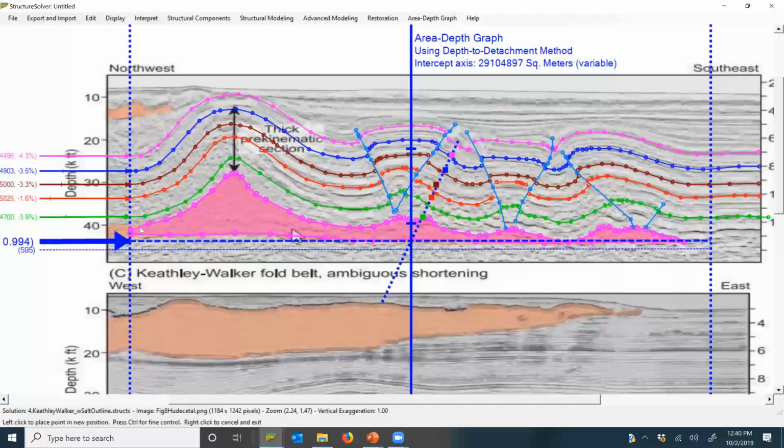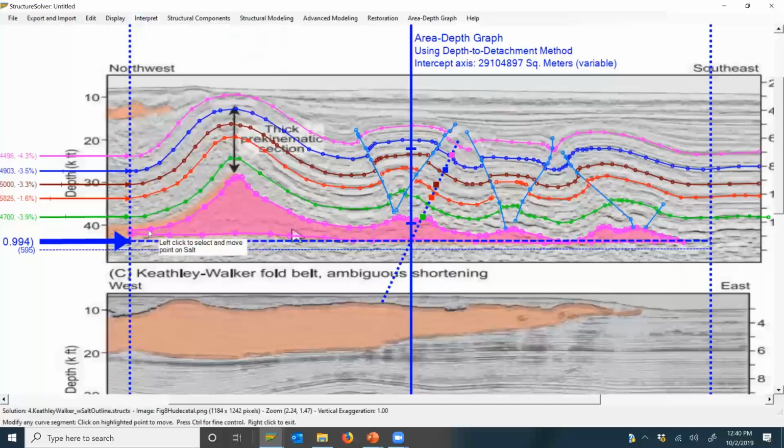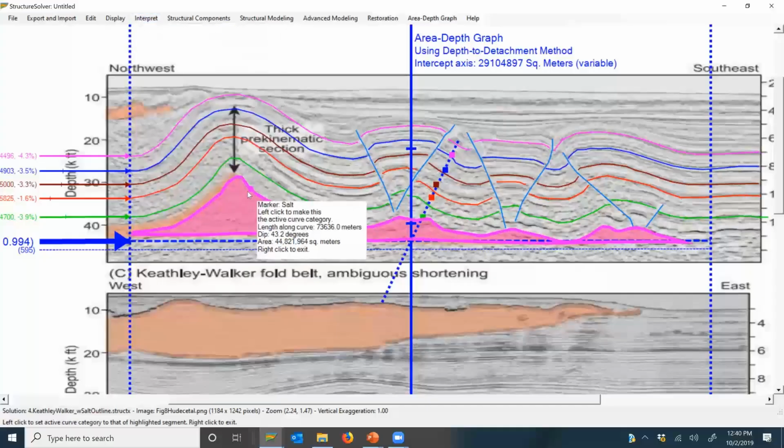So one scenario to play with is to change the salt geometry right there, making it slightly thicker to maintain the thickness of that overlying layer. We can beat down the total amount of salt area, and now that's down to about 44 times 10 to the 6 square meters.